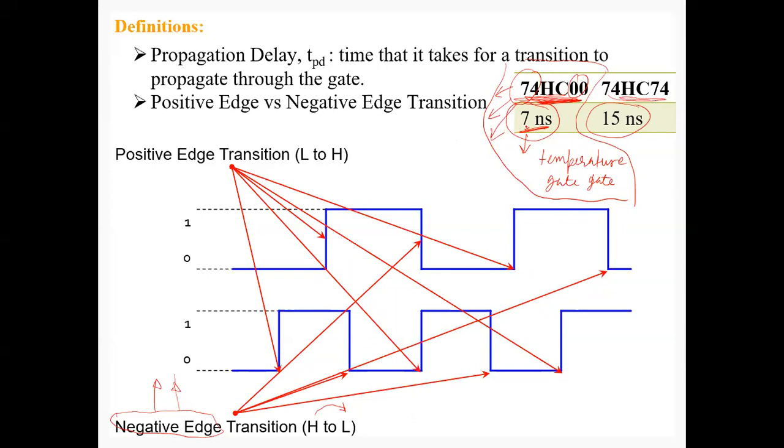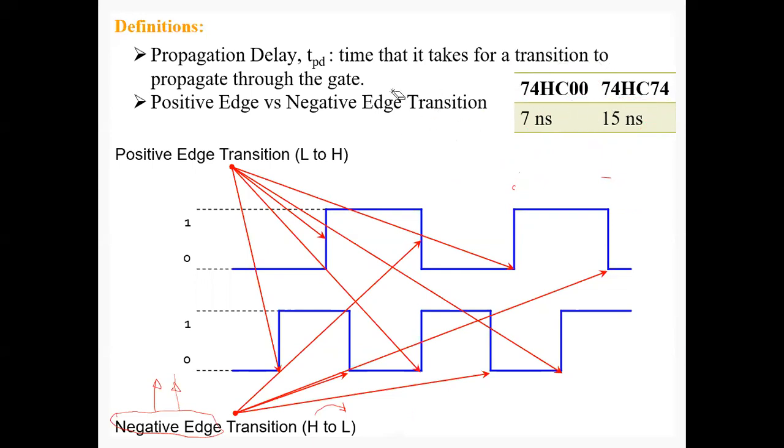They don't exactly match, even though we call it 7 nanoseconds. It could be 6.9, 7.1, 7.5, 6.5; its average is 7. So it depends on temperature and chip to chip. That's why it's very tricky, but we'll do something for it.